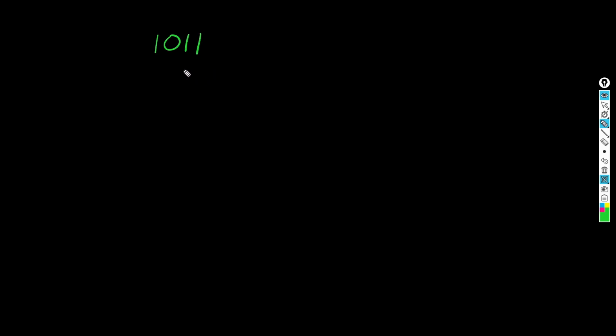I have this number 1011. Let's AND it by 1. This would give me a 1. Let's right shift the input, left shift the result. I have something like 101 and with 1.